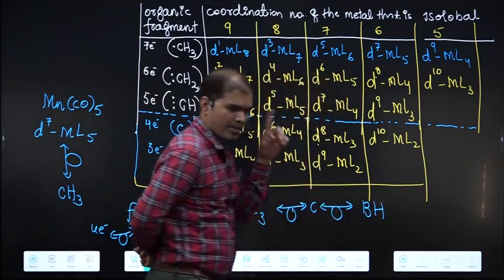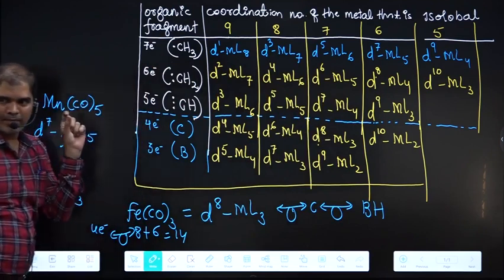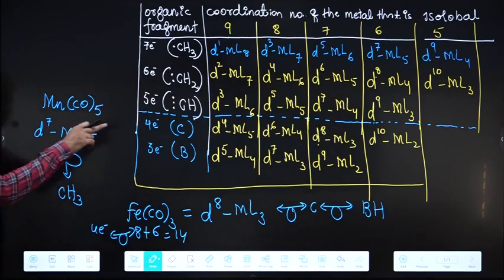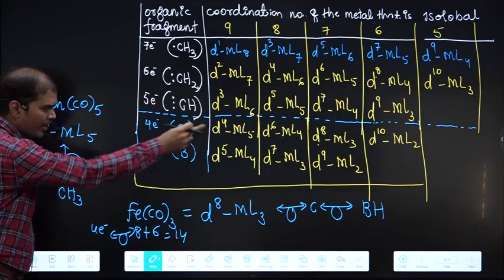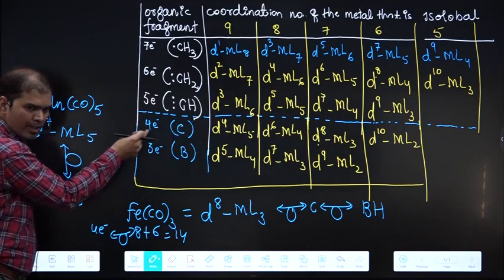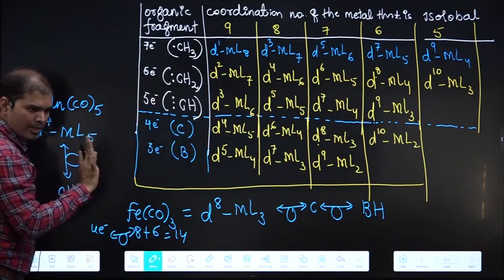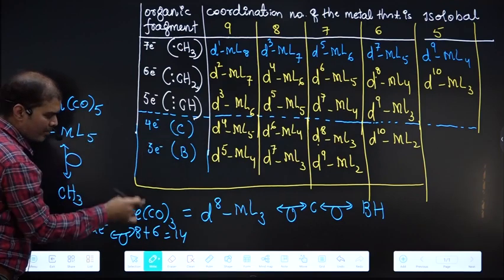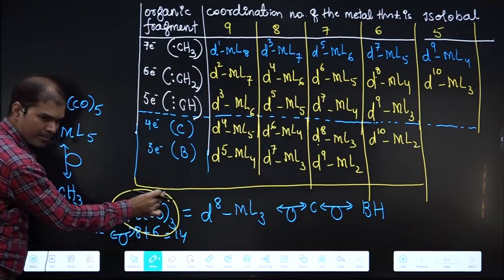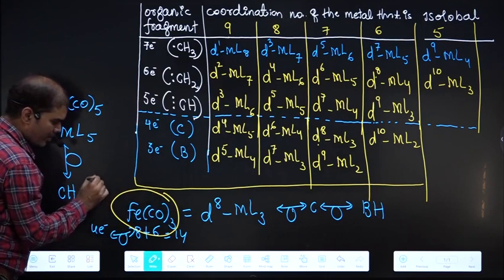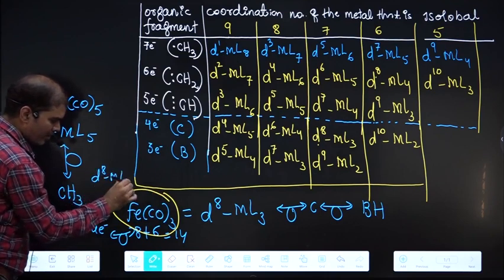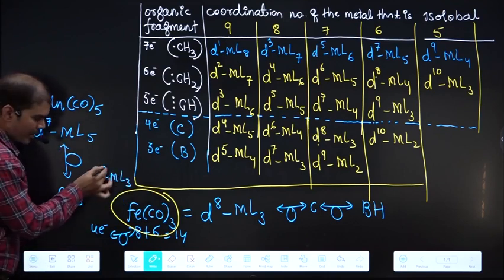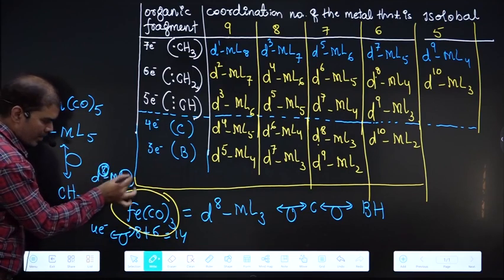Now did you get the previous CSIR exam question? They have given you Fe(CO)3. Where do you find that Fe(CO)3? d8 ML3. d8 ML3 is a 4 electron system. So you need not remember this table. Whenever you get d8 ML3, simply you take it as d8 ML3. How many electron system? 8 electrons plus 6 electrons.